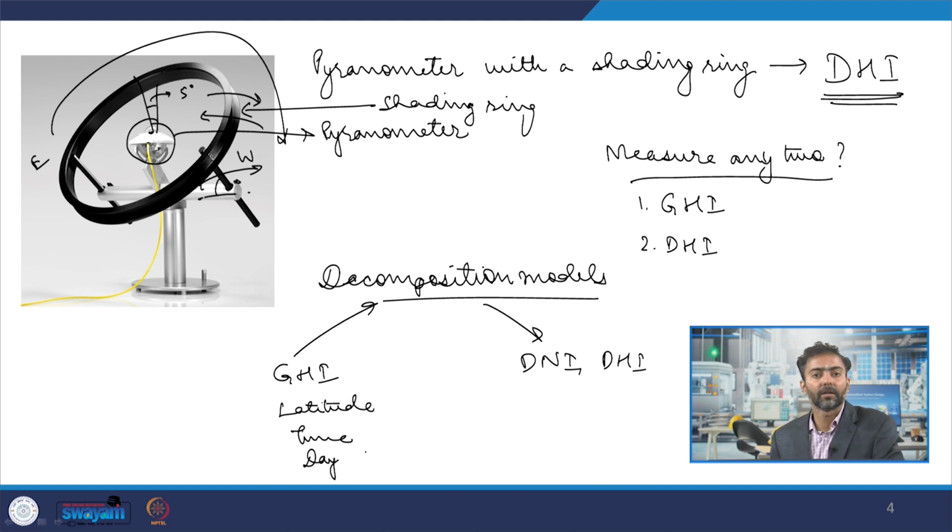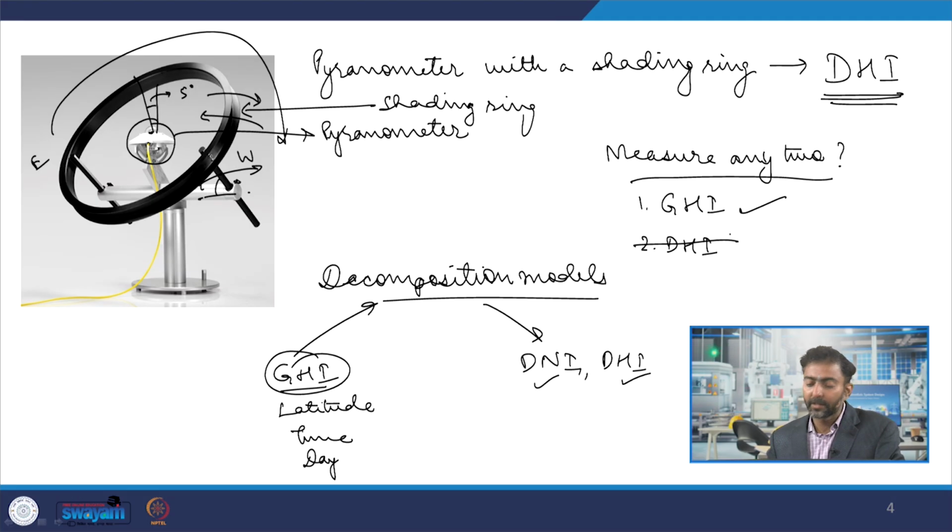So if you give these particular variables to the decomposition models, then they can decompose the GHI into DNI and DHI. So in fact, if we just measure GHI, then also, while it will not be 100% accurate, to a fair degree of accuracy the decomposition models can give us the breakup of DNI and DHI. So just measuring one would also do.